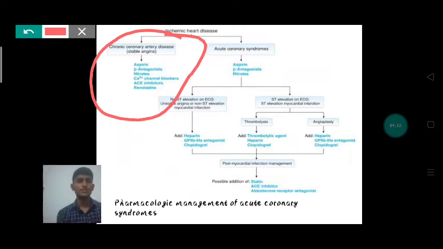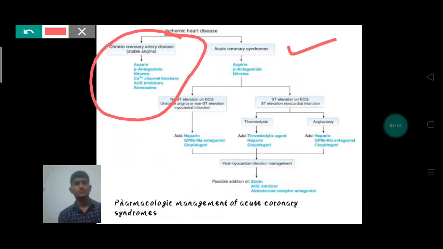That's why we use aspirin. The other drugs are beta blockers, nitrates, calcium channel blockers and ACE inhibitors. In acute coronary syndrome we give aspirin, beta blockers and nitrates. Further, other drugs are given depending upon the ECG and other factors.